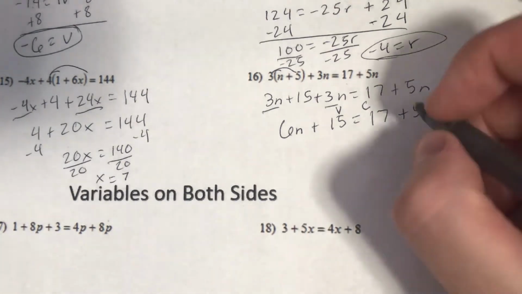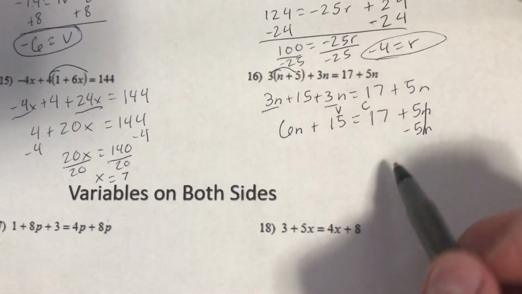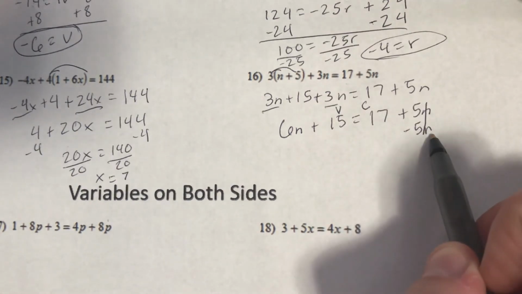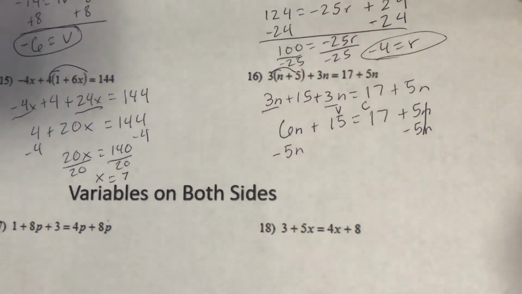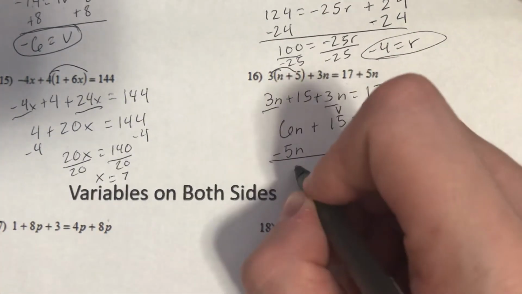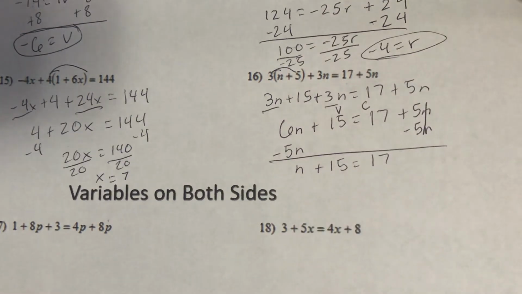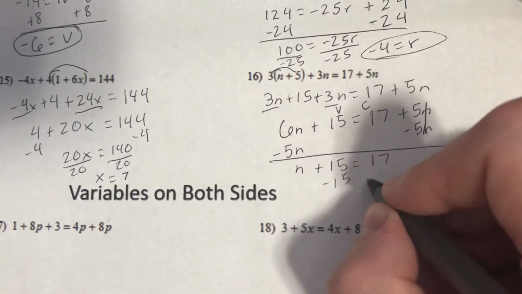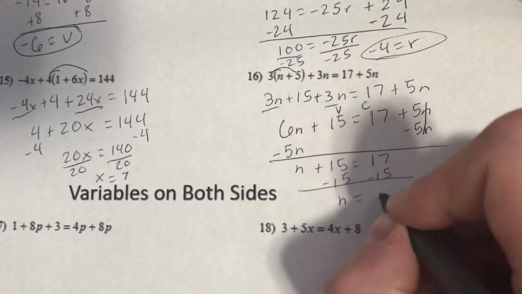In order to get rid of it over here, I've got to subtract 5n because I just want constants over here, no more variables, and then I've got to do it on this side as well. Make sure I subtract. So I get n plus 15 is equal to 17. And then I'm going to subtract the 15 to make sure I have constants on this side. So n is equal to 2.